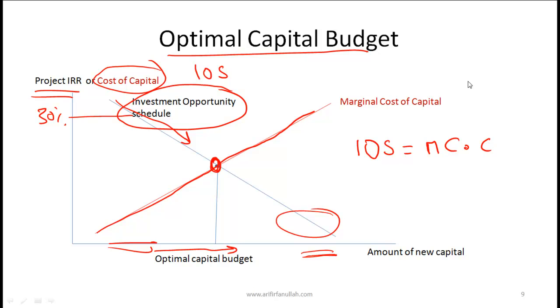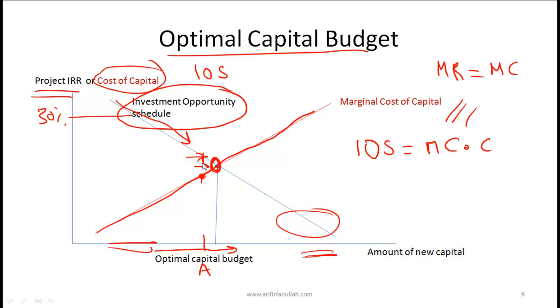And this should remind you a little, just as a quick refresher, in econ you studied about the profit maximizing point being the point where marginal revenue is equal to marginal cost. These are roughly analogous, but the basic point is this. Let's say that we are at this point A, and at this point A, notice that the IRR, or the return on projects, is more than the cost of capital.